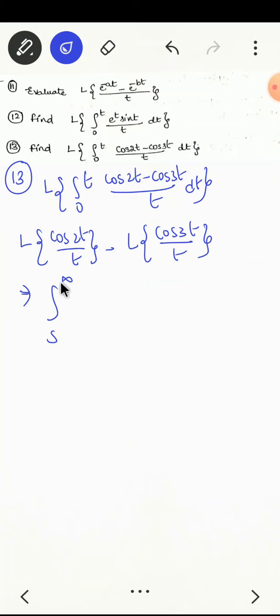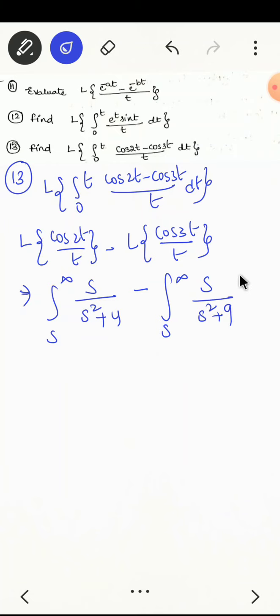Then what will I get here? The integral from s to infinity of s by s square plus 4, minus the integral from s to infinity. Why s to infinity? Because of division by t. Then cos 3t I can write as s by s square plus 9, that is 3 square. As we don't know the formula for this, let us assume s square equal to some t.